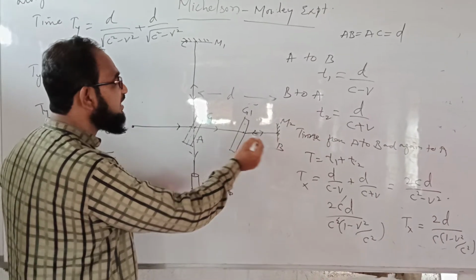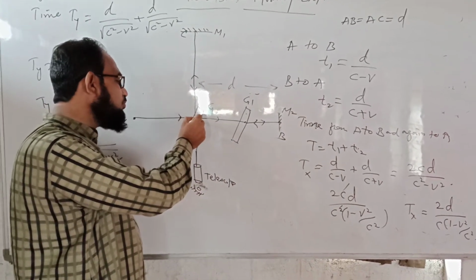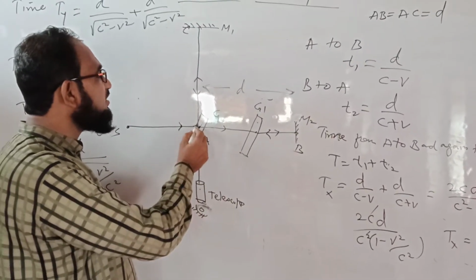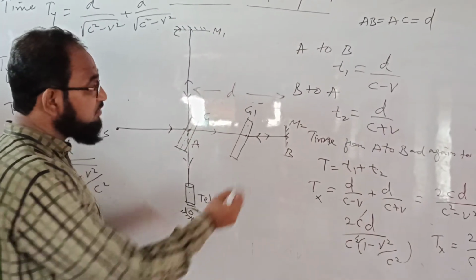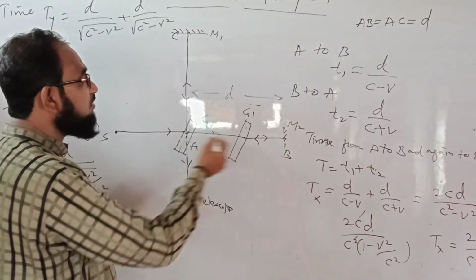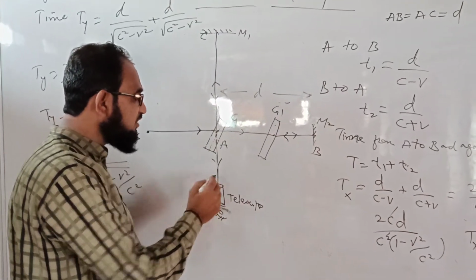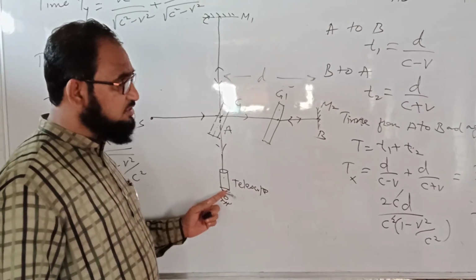The returning light is divided into two parts: a part is reflected towards the telescope and another part is reflected towards the mirror M1. Now these two light rays coming from M1 and M2 will interfere with each other, and an interference pattern will be found in the telescope.